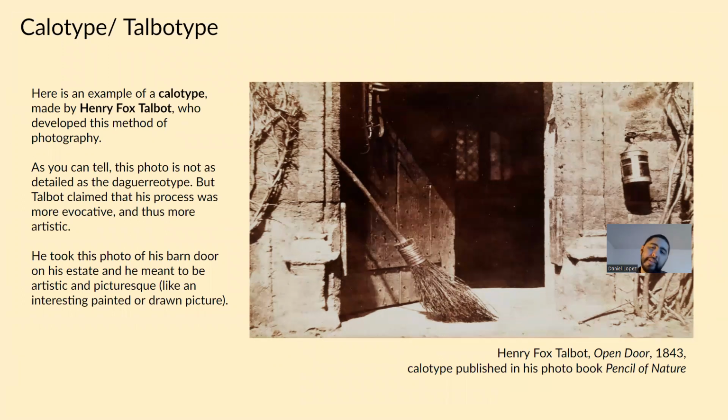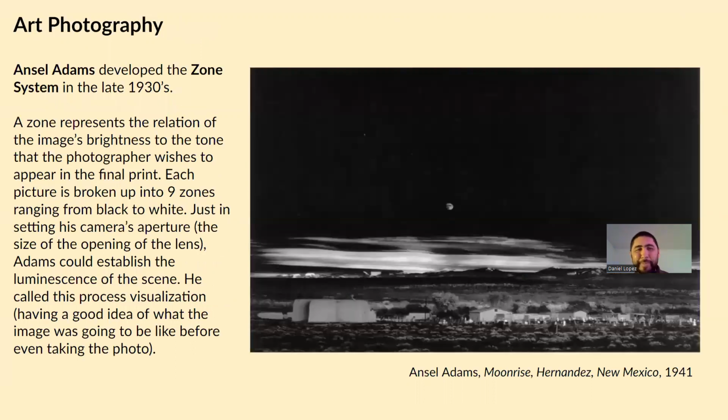So yeah, this isn't as precise as daguerreotype. There is sort of a negative. I'm not going to get too specific, but using positives and negatives here, which not everyone might have ever used in this class.